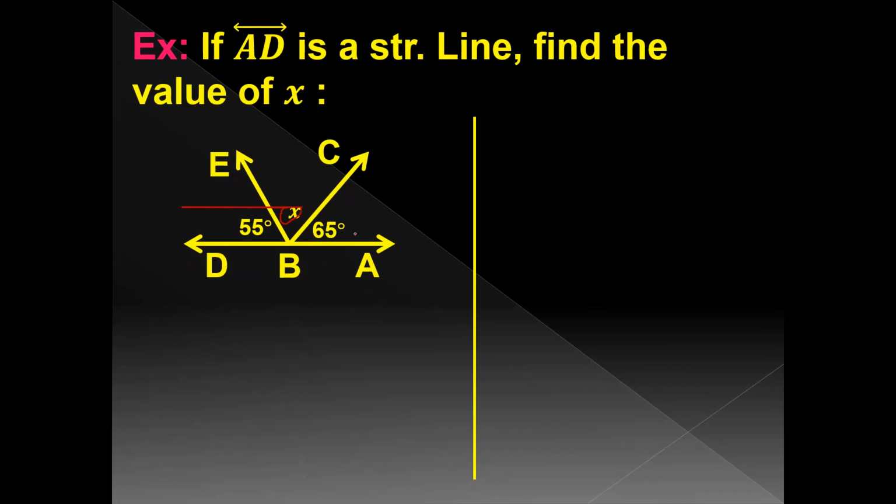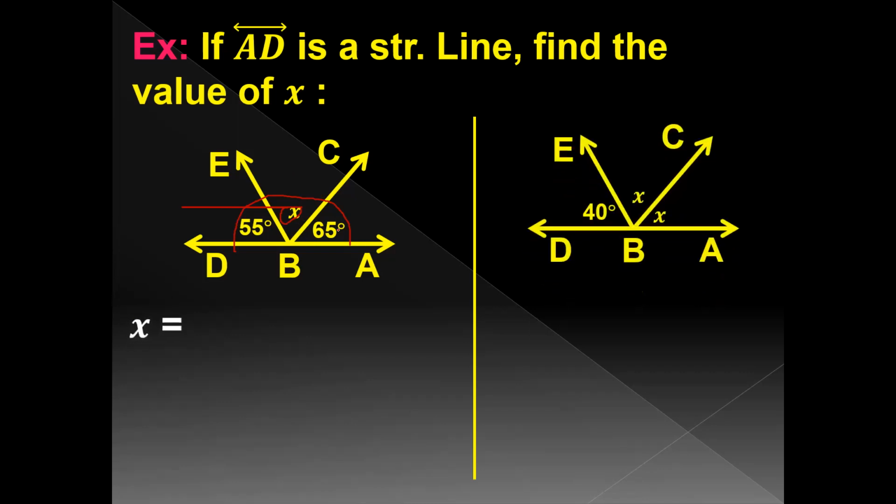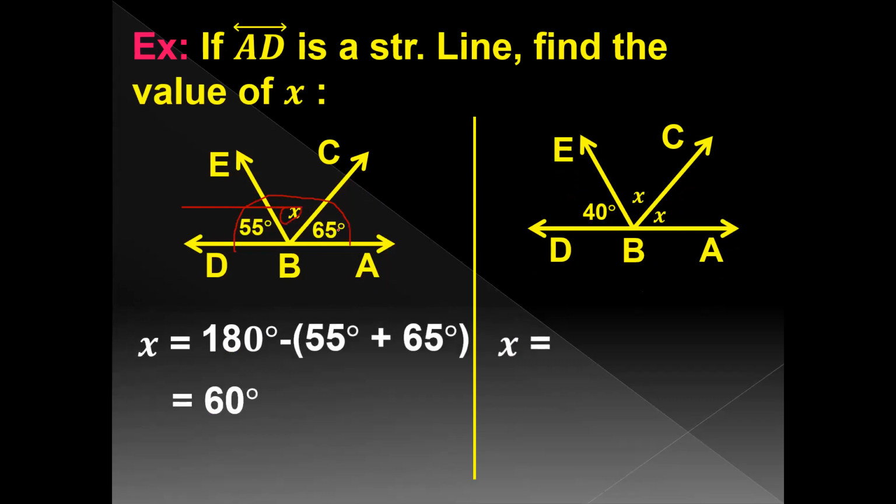The three angles are supplementary angles, then their sum is 180 degree. So to find the value of x, we will add 55 plus 65 and subtract them from 180 degree. X will be 180 minus 55 plus 65, so x will be 60 degree.